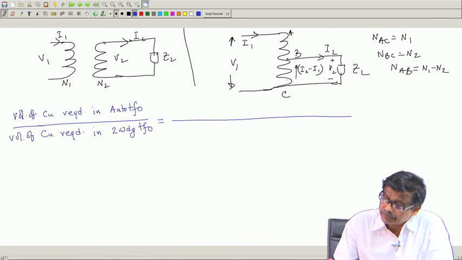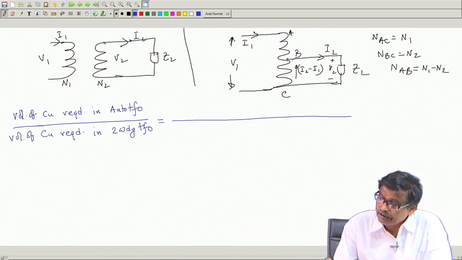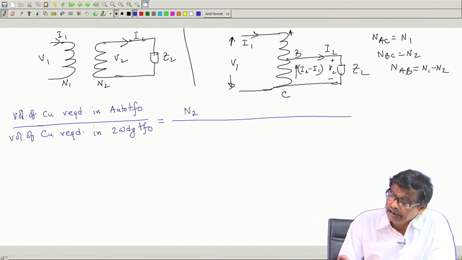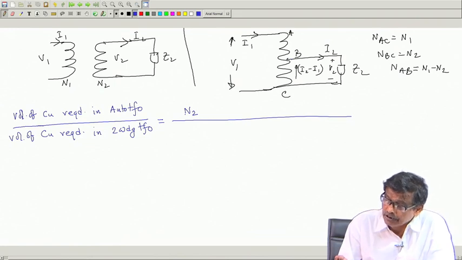Now, what is the number of turns? The length of the wire will be proportional to N BC, is it not? And N BC is N2, into the cross sectional area proportional to the current.